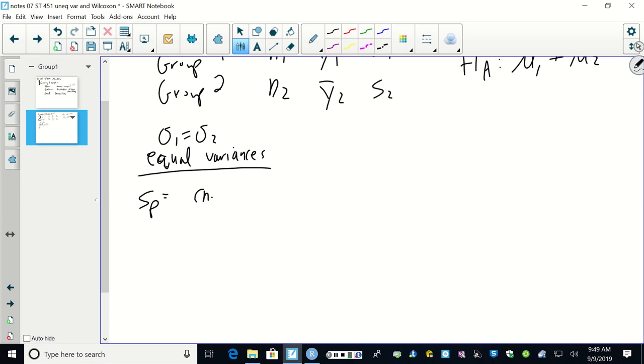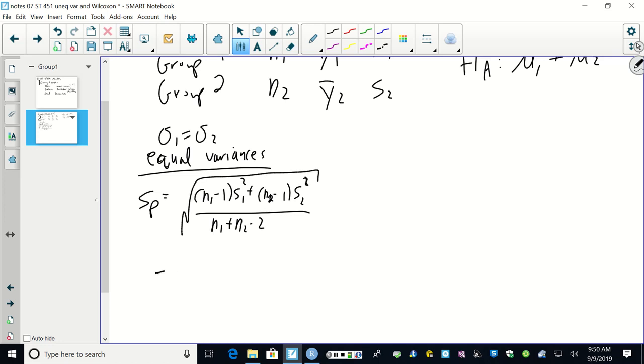We take a weighted average of the two variances, N1 minus 1 times the first sample variance, N2 minus 1 times the second sample variance, and divide by the sum of the two multipliers, and that becomes our pooled version of things.